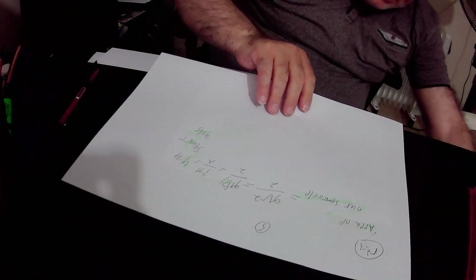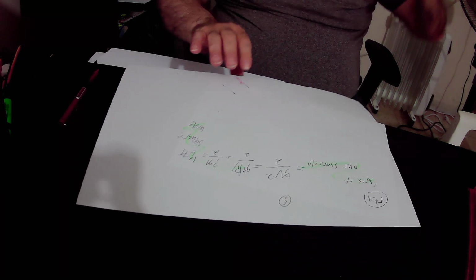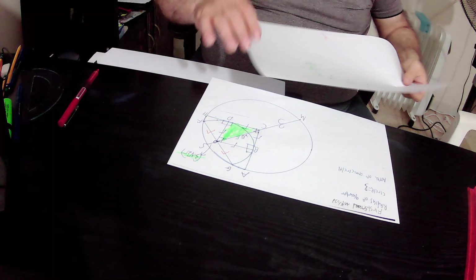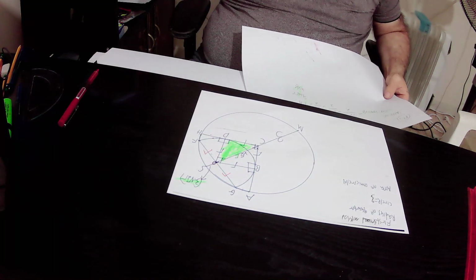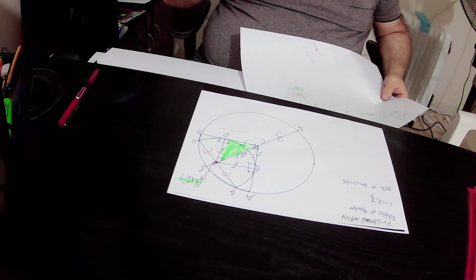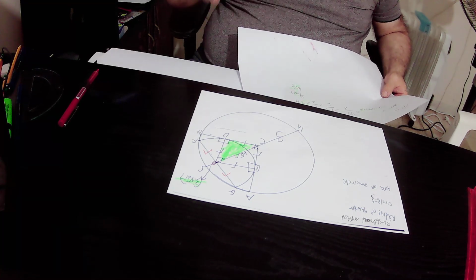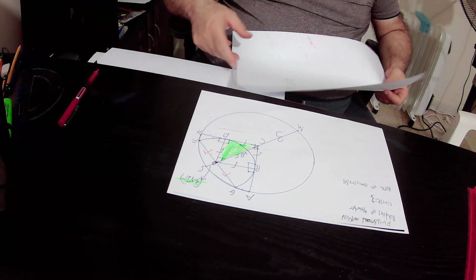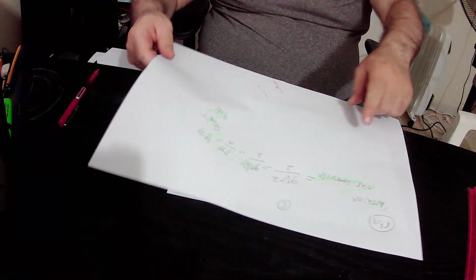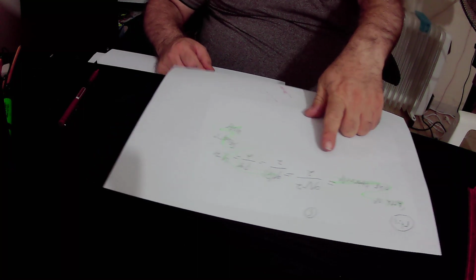So we know that R squared equals 3, and the area of the semicircle is equal to the area of the circle over 2. The area of a circle is pi R squared, therefore the area of the semicircle is pi R squared over 2.